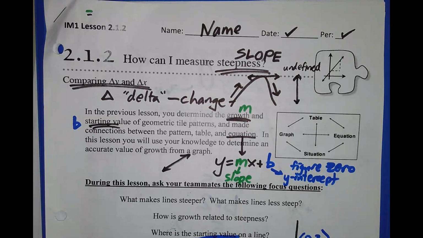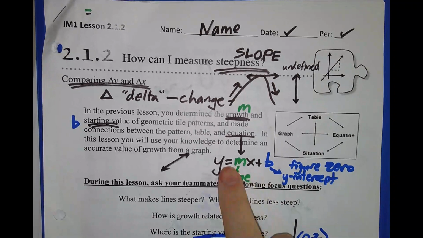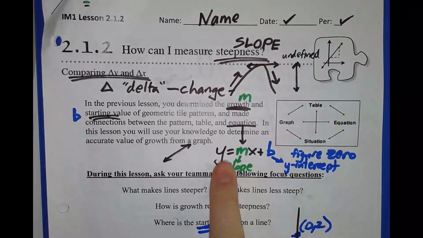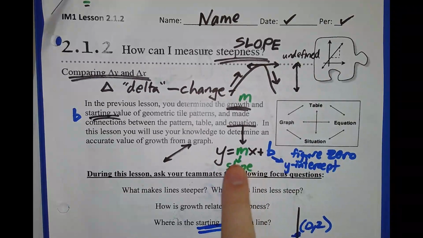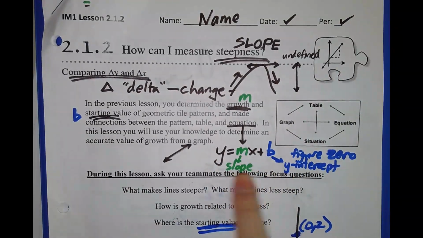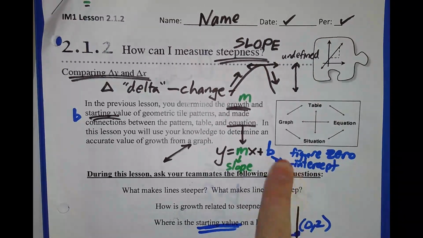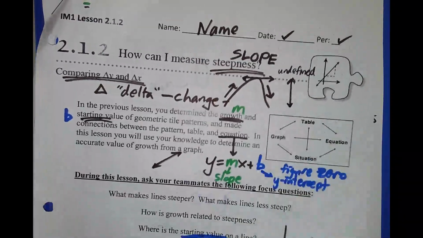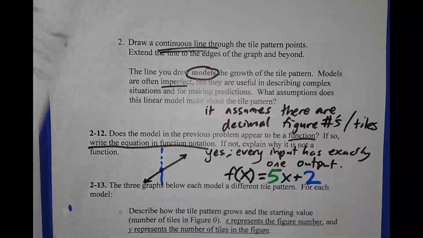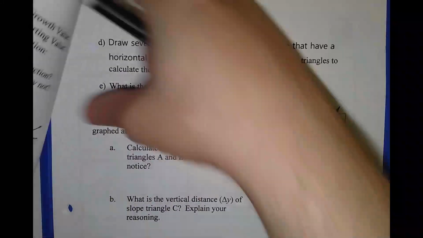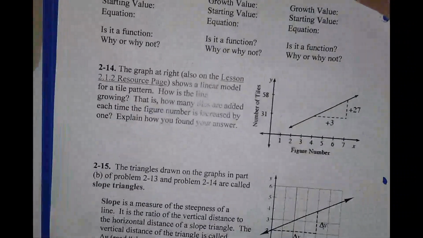So we've been going over slope, and topics including the y-intercept. We have the equation of all lines, which is y equals mx plus b, where m is the slope and b is the y-intercept. So we're going to be finishing up lesson 2.1.2, so can you go ahead and make sure we're going to problem 2-14.